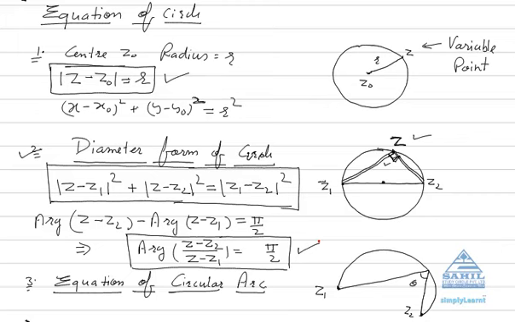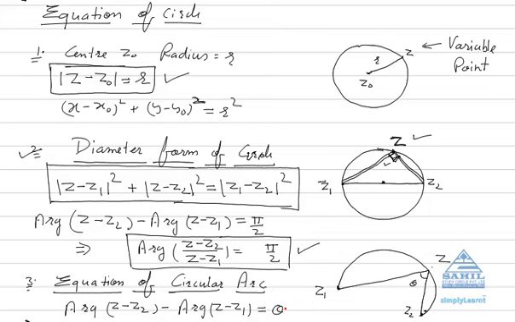Now what is the equation of a circular arc? There could be two arcs, but to find the equation of a circular arc in the third format, the argument of z minus z2 will be greater than the argument of z minus z1. So the equation is argument of z minus z2 minus argument of z minus z1 equals theta.